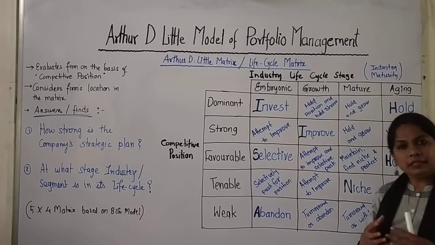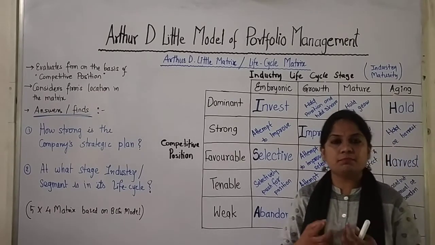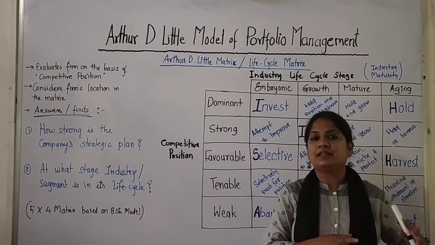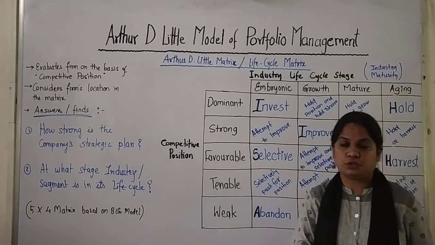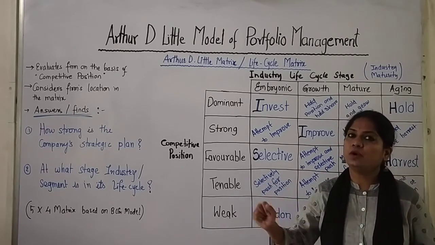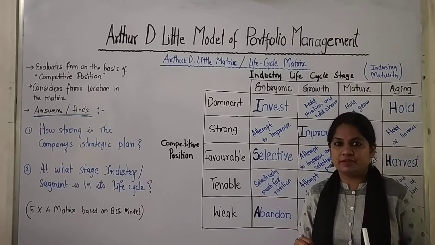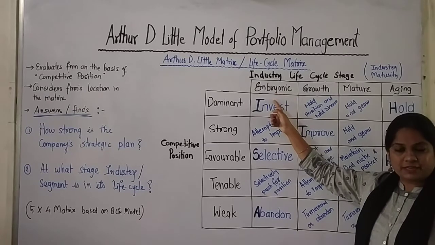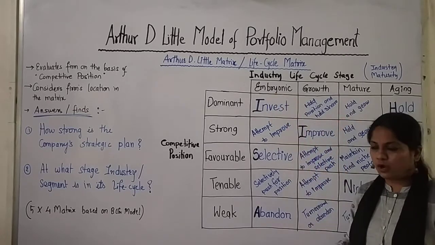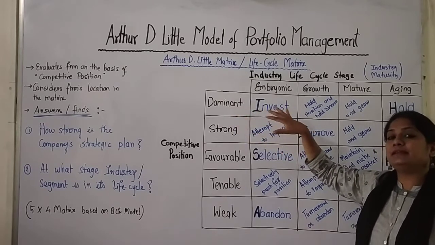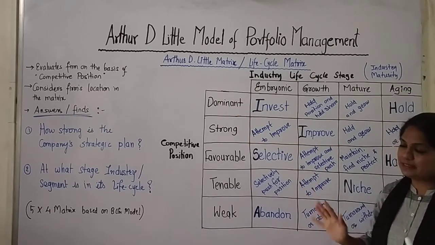That means even if you have to invest much money today, we are sure that this industry will grow and give us good returns in the future. So it makes sense to keep investing and holding your position in the market. Because this is the embryonic stage, growth is sure, and if your position is dominant, then keep investing. This is what it says.